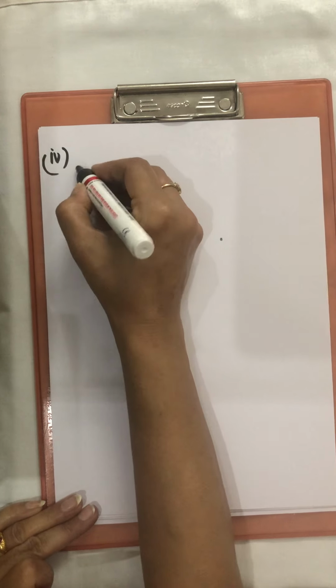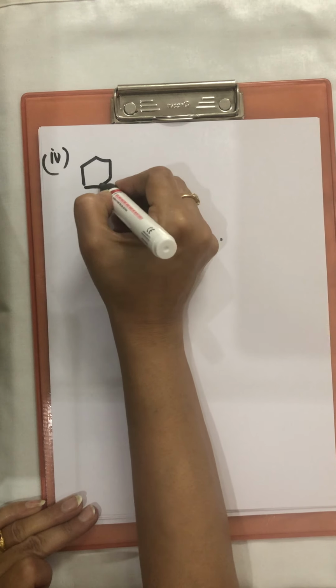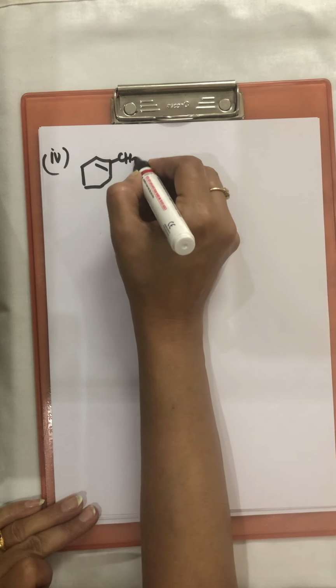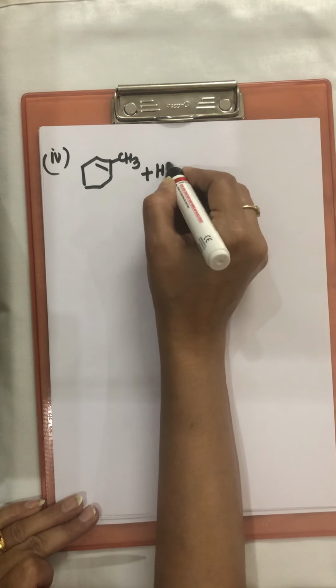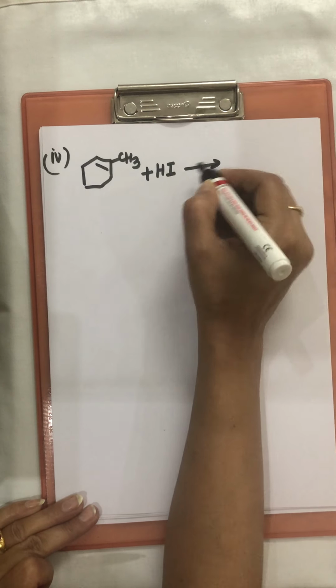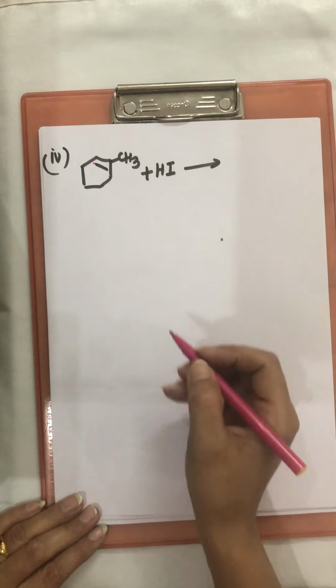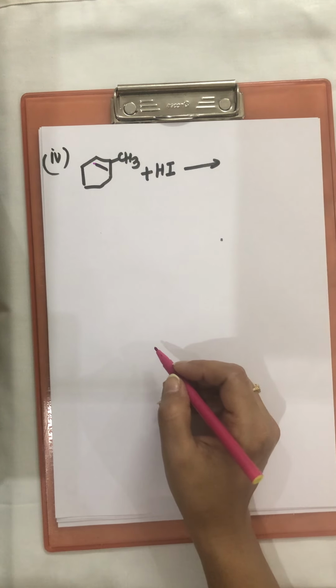Now next question, fourth part. If this compound is reacted with HI, there is a double bond. So HI will add to the double bond according to Markovnikov rule.